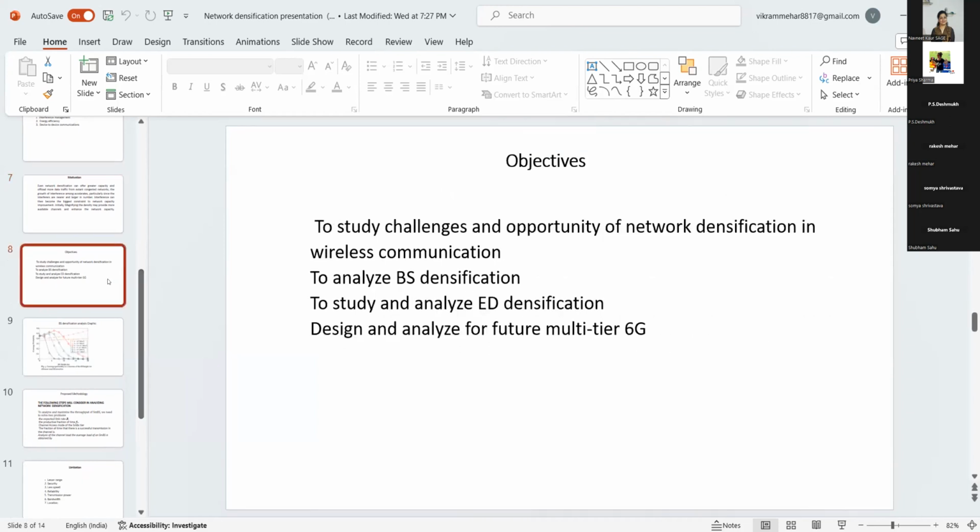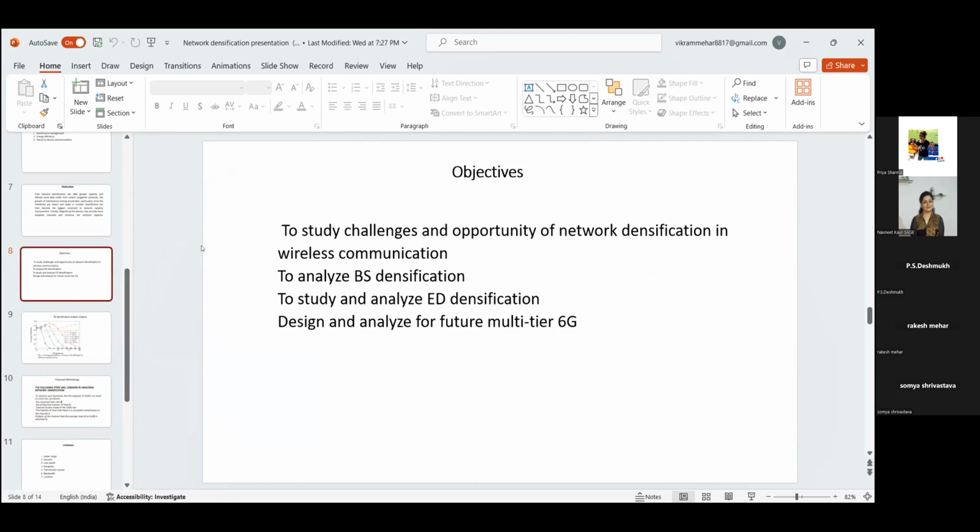So I will use it to study the challenges and opportunities of network densification in wireless communication. The main analysis is of BS densification.